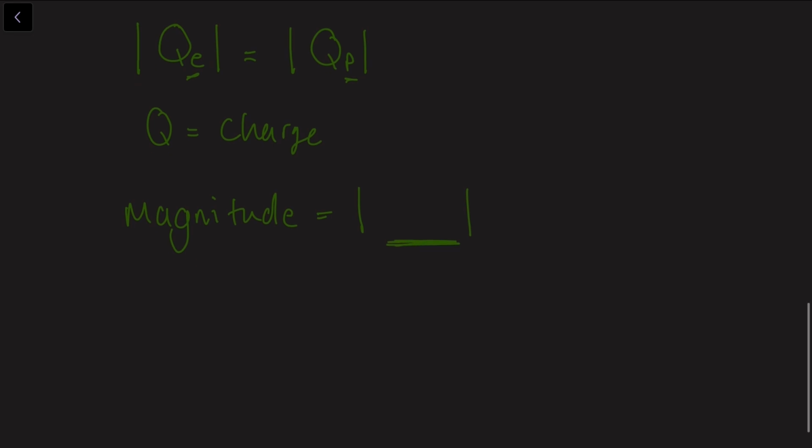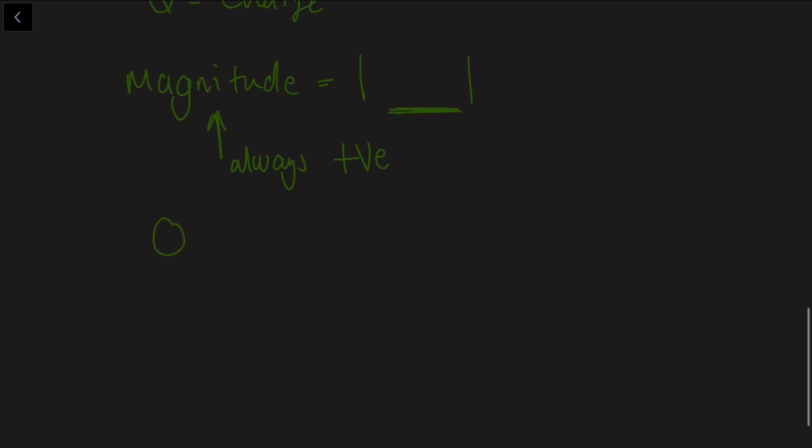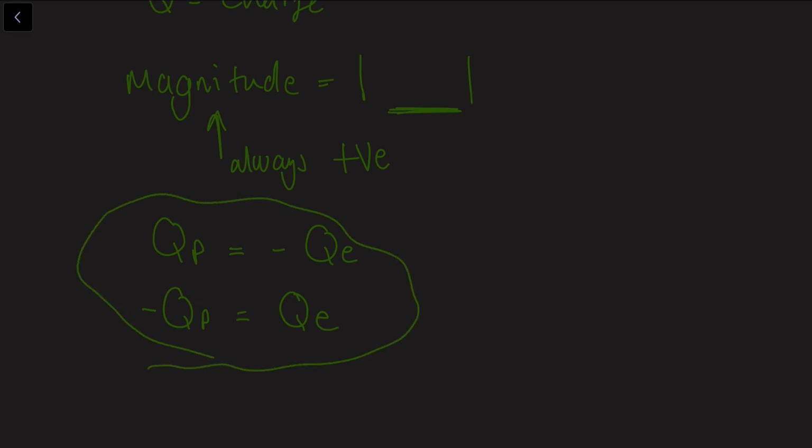A magnitude will always be positive. So you should know that the charge of the proton equals the minus charge of the electron, and minus the charge of the proton equals the charge of the electron. So these two are basically the same thing.